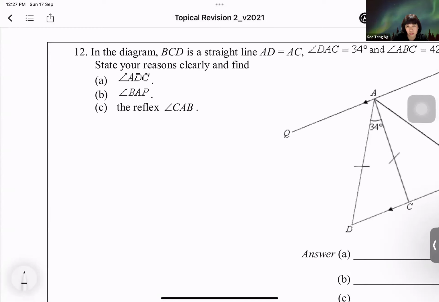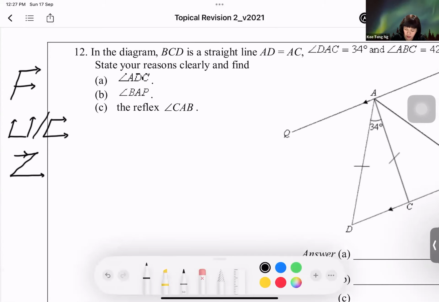Some of the ones that we can remember for parallel lines are the shape in the form of the letter F, or the letter U or letter C, and the other one, letter Z, where these two are parallel lines. And last but not least, letter X. Are you able to write down the angle properties for these few?